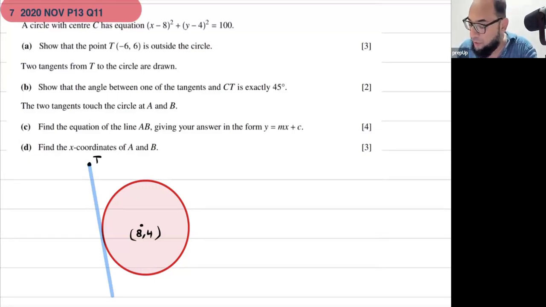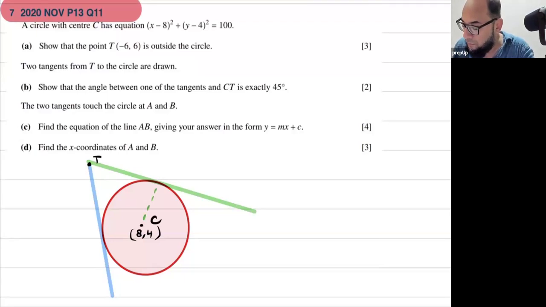A very conceptual question. Now it says, show that the angle between one of the tangents and CT. So where is C? C is the center. Let me draw this in green. This is the radius, this is 90 degrees. In blue, this is the radius, this is also 90 degrees.